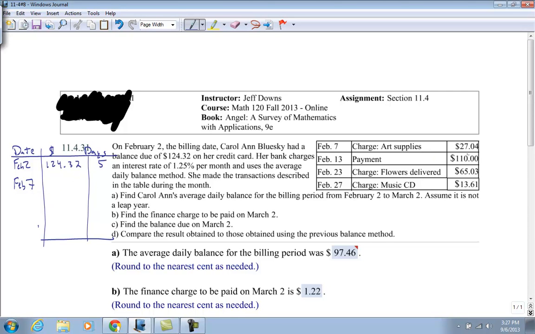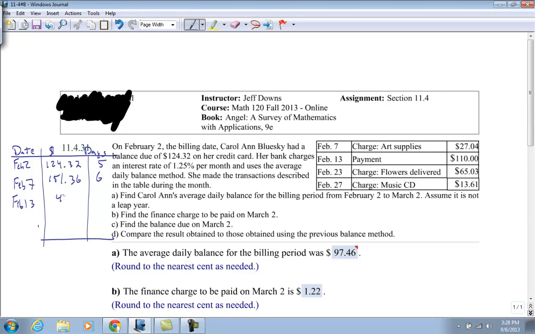Then on the 7th it went up by 27.04, so I'm going to take that 124.32 and add 27.04. That's 151.36. Then on February 13th it changes again. That's 6 days later, so that was for 6 days. It's going to go down, so we subtract 110 from it.